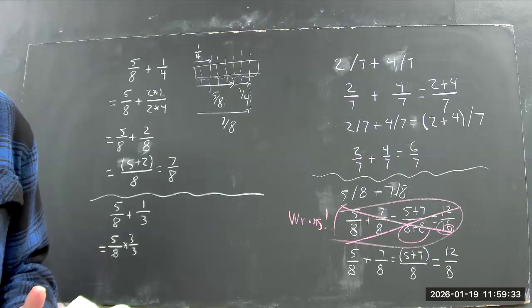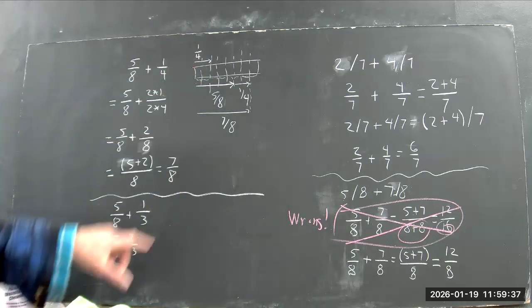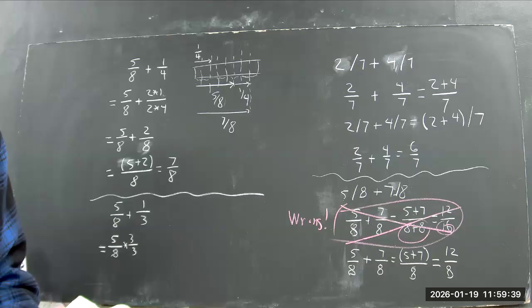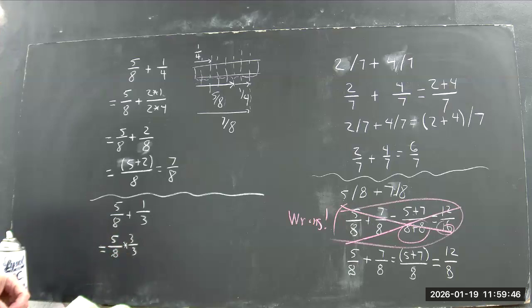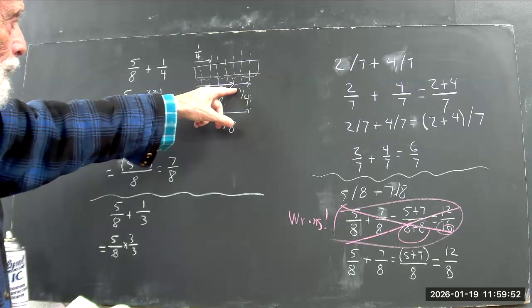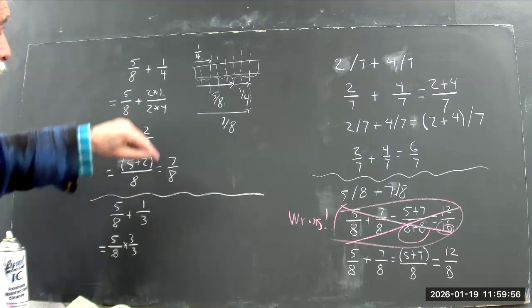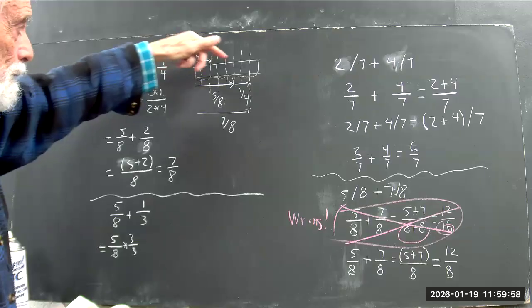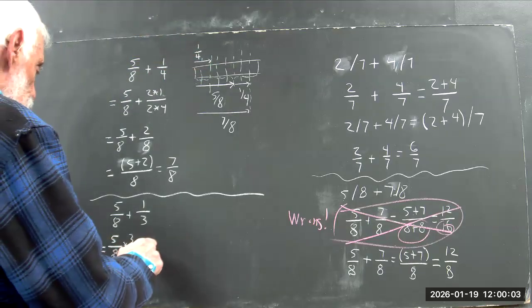Does that make sense? Whether you understand it visually or not, that's operationally how you're going to do it. Okay, so if we take 5/8 and multiply it by 3/3, it's going to come out the same. If I divide every one of these eighths into 3 pieces, then 5/8 is going to cover 15 of them. Okay, that's worth thinking about.